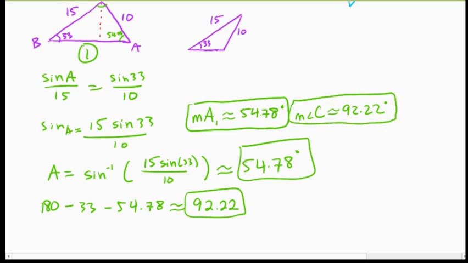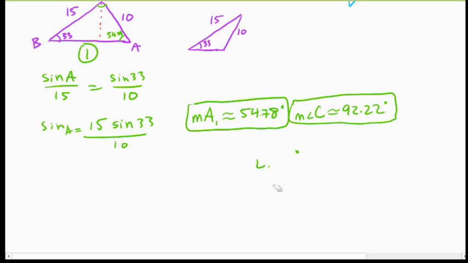For my missing side length, I'm going to use the law of sines again. I'll set this up as side length C1 over sine of 92.22 equals 10 over sine of 33.